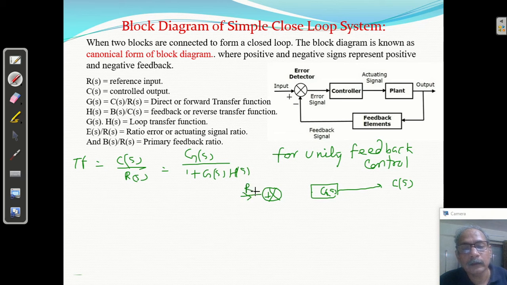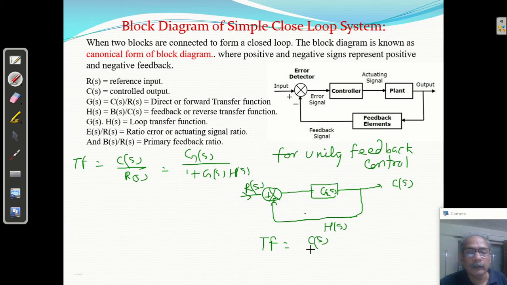This is R of S. Suppose negative feedback, and unity feedback, it is H of S equal to 1. This is called a unity feedback control system. In case of a unity feedback control system, the transfer function C of S upon R of S equals G of S upon 1 plus G of S only, since it is a negative feedback. Please be careful about it.